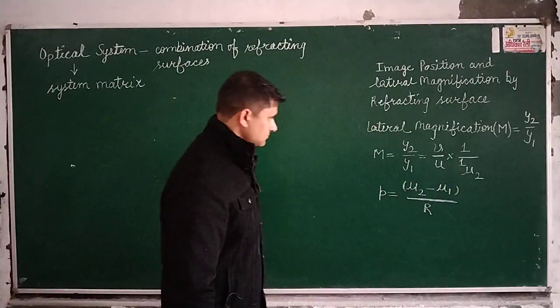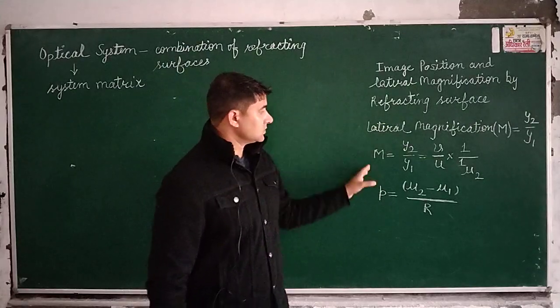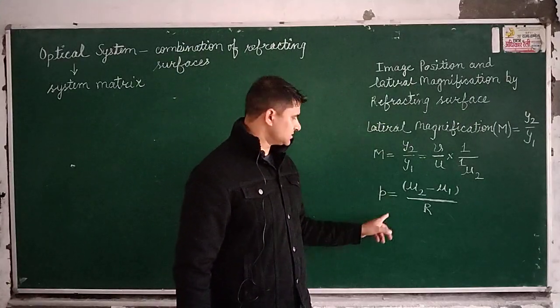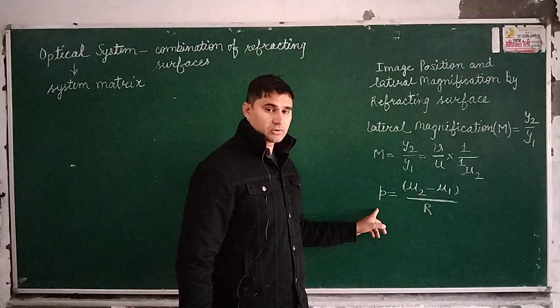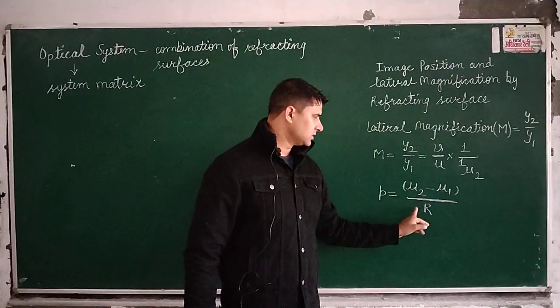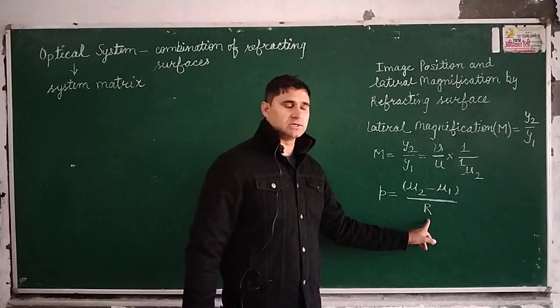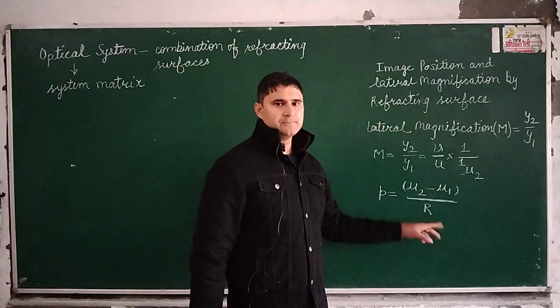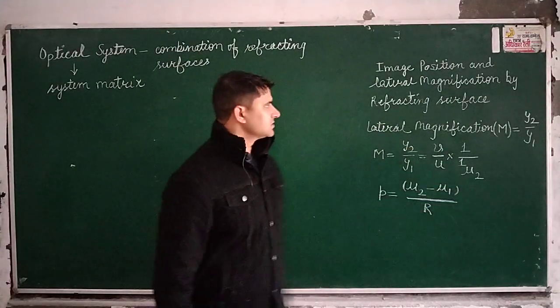And while calculating this magnification, we used the power of the refracting surface, which is given by mu2 minus mu1 divided by r, where r is the radius of curvature of the spherical refracting surface.